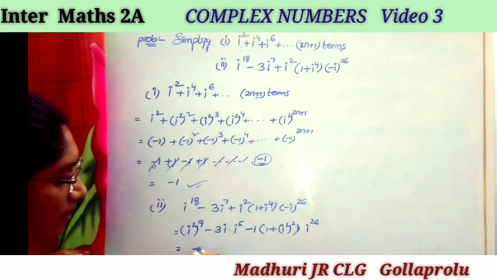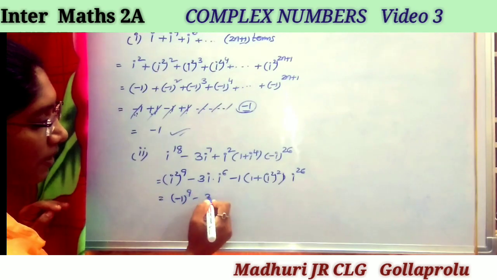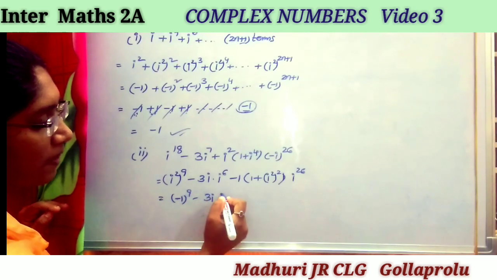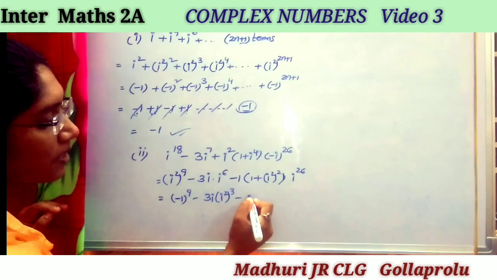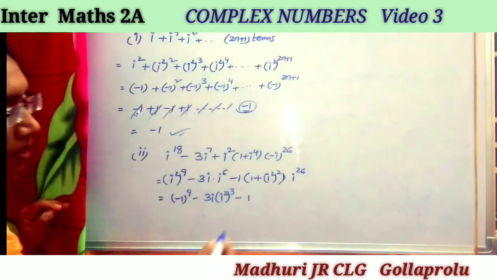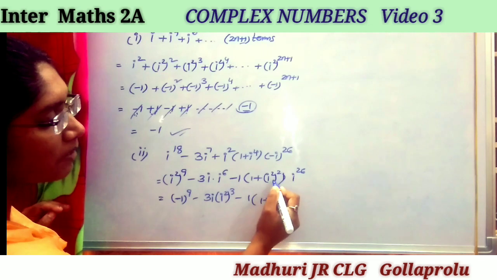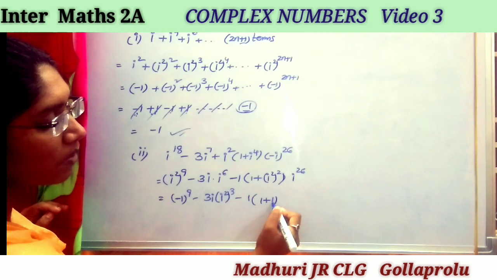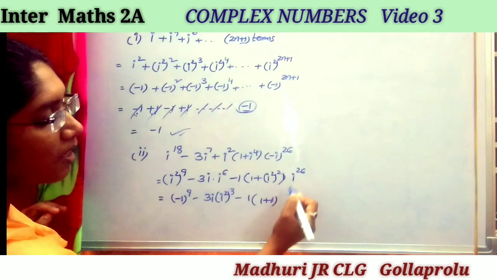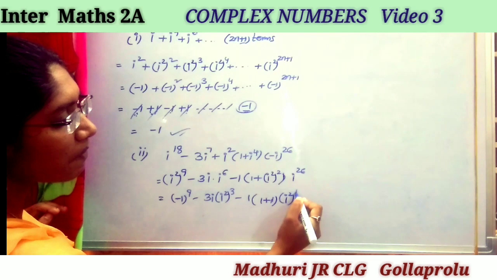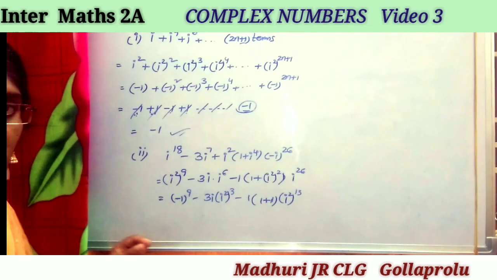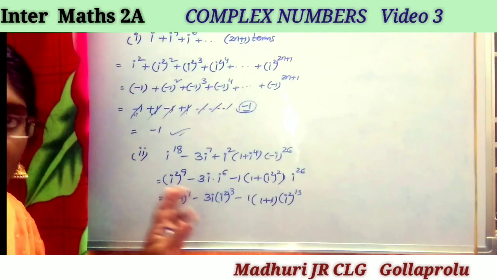So this is minus 1 power 9, minus 3i into i power 6, which is i square whole cube, minus 1 into 1 plus minus 1 whole square. Minus 1 whole square is equal to plus 1, into i square power 13. That is simply converting all terms in terms of i squares.